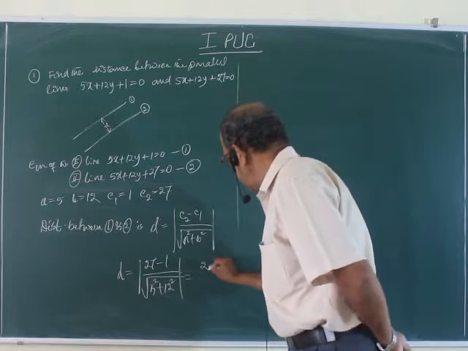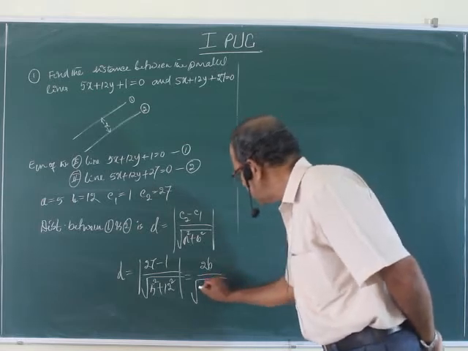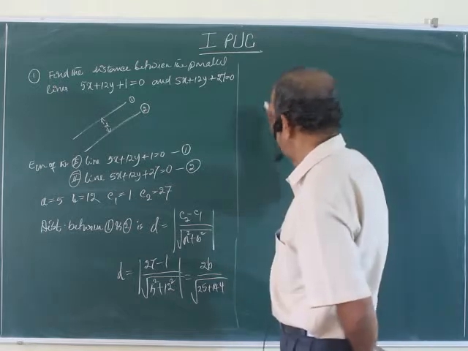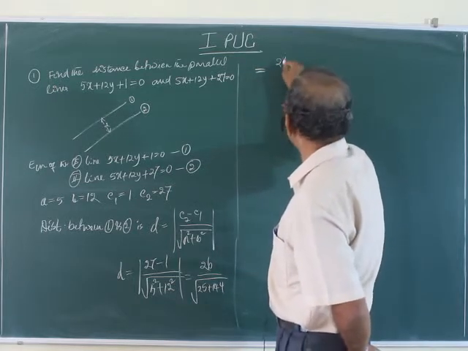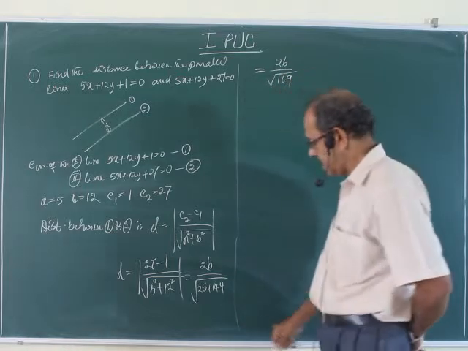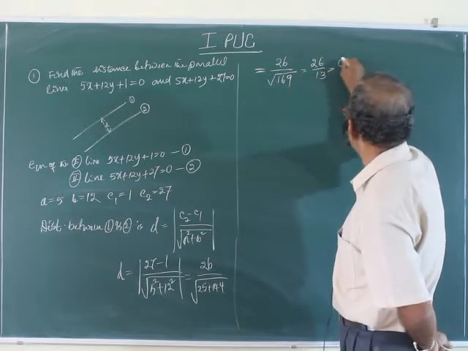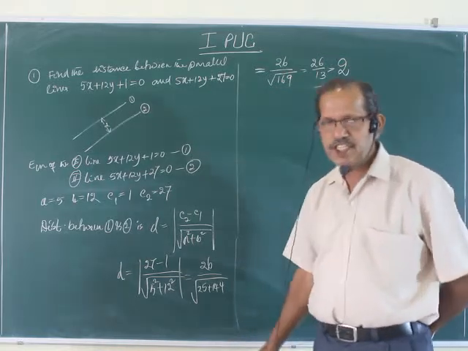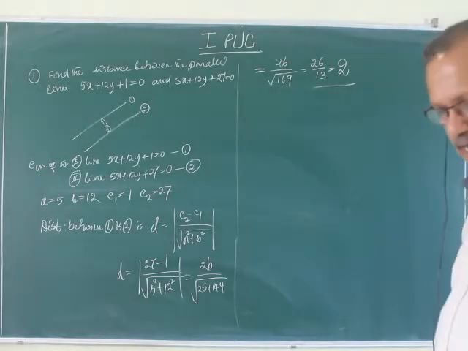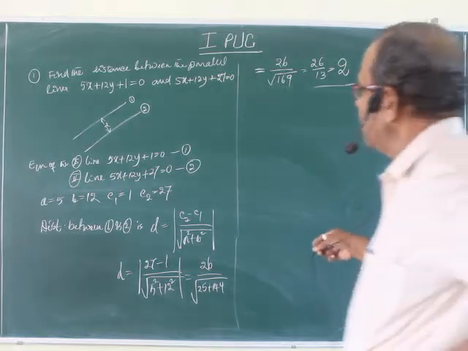It is not necessary to put the modulus because it is positive. Root of 25 plus 144, so it is equal to 26 divided by root 169, 26 by 13. Answer is 2. Distance between the parallel lines is this one. Right?